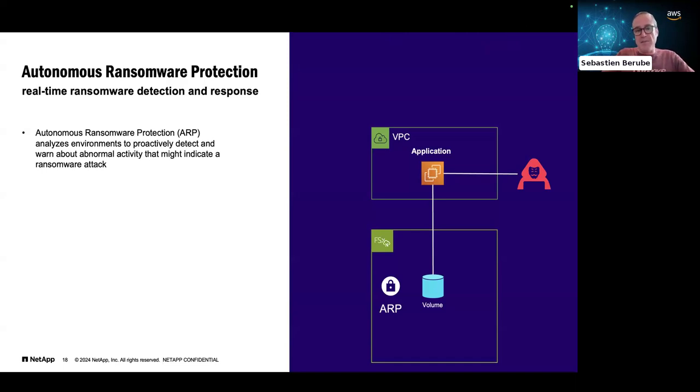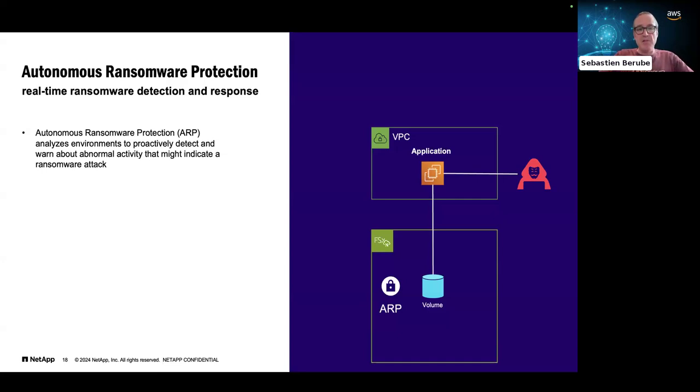And this is where ARP actually comes into play. The ARP, or Autonomous Ransomware Protection feature in FSx for NetApp ONTAP, allows you to turn the ARP feature on and look at how your application traditionally behaves. It will analyze the IO patterns of your applications and understand what is normal behavior for your application.